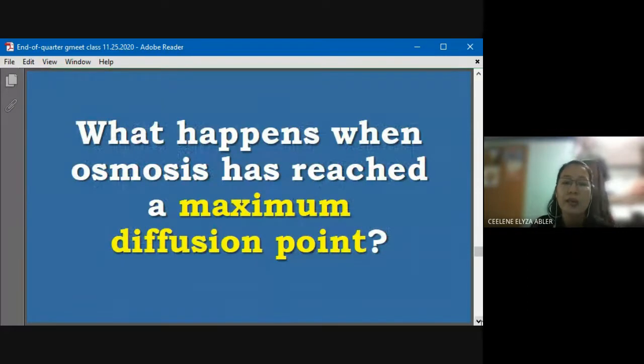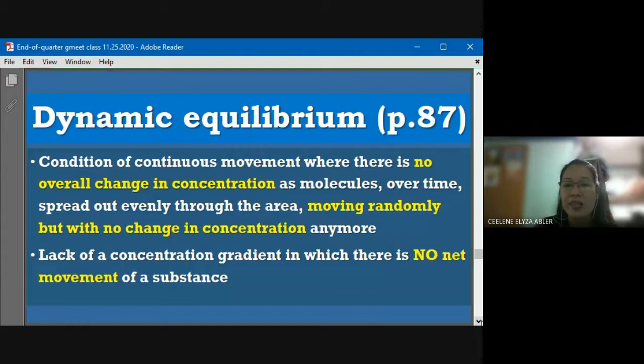Alright? So, what happens when osmosis has reached a maximum diffusion point? What if the level of diffusion is already equal on both sides? There is equal amounts of water compared to the inside and outside of the cell. So, halimbawa, equal na yan siya. Pero may movement of diffusion of substances in and out through your plasma membrane. So, ang tawag natin for that is dynamic equilibrium.